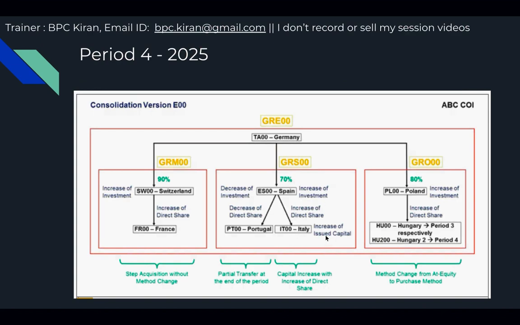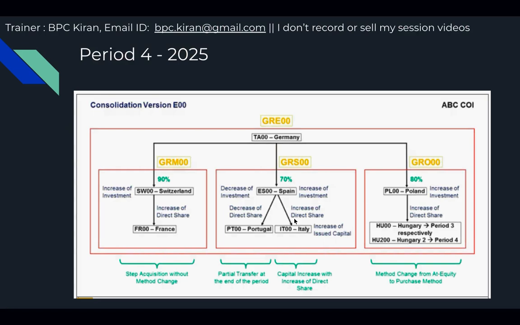Then another scenario: Spain investment in Italy. Italy increased its capital. For example, Italy's capital is 270 euros, and it increases by 30 euros to 300 euros. So now Spain's investment percentage in Italy is going to increase.